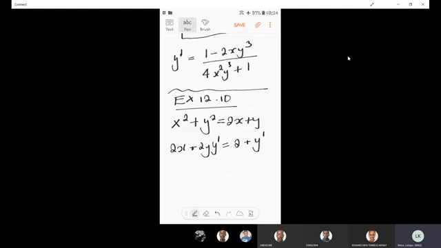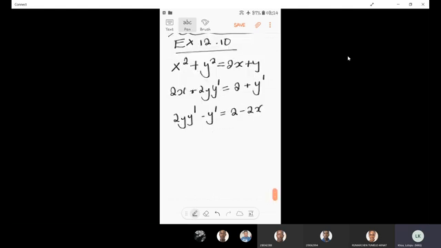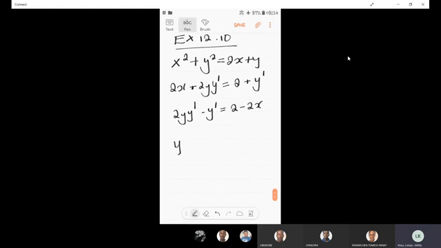And then I'm going to collect all my terms with y prime on one side. So I have 2y y prime minus y prime. This is equal to 2 minus 2x. Then you factorize y prime out. So this is y prime, 2y minus 1. This is equal to 2 minus 2x.